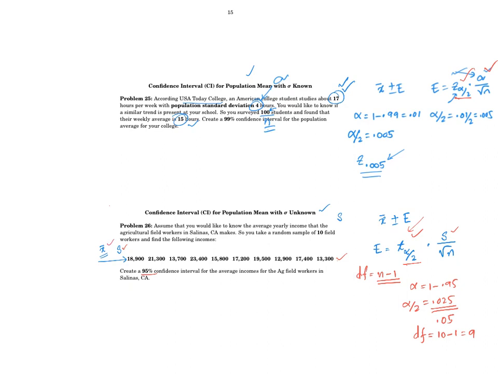So x bar and s, these are coming from this data set. So you have everything. You have t sub alpha over 2 that you're gonna get from the t distribution table. Your s, sample standard deviation, you have it, and n is the sample size, which is 10, and x bar is something you find from this data set. Then you just enter these numbers and it should be fine.